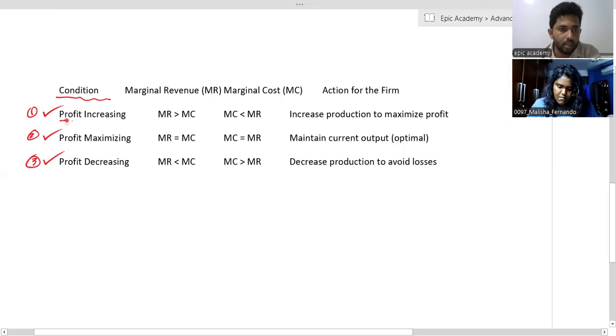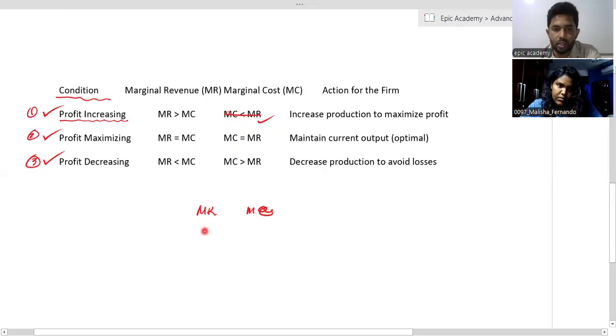In the first one, the profit increasing condition, marginal revenue takes a greater value than marginal cost.